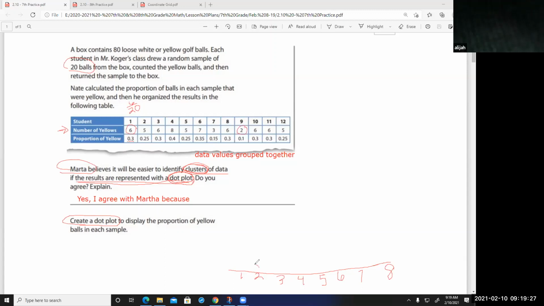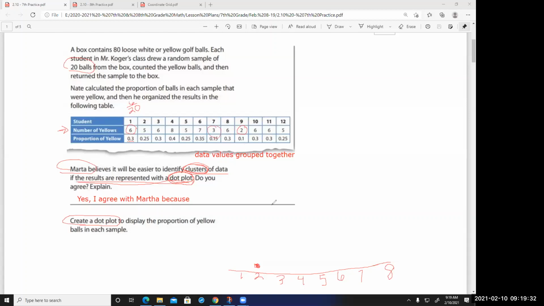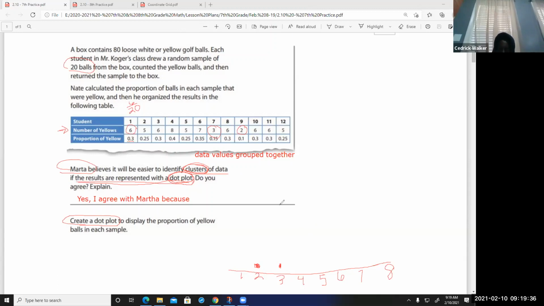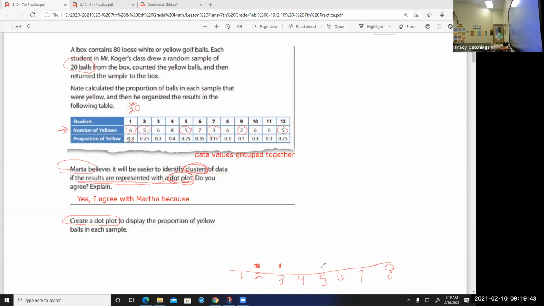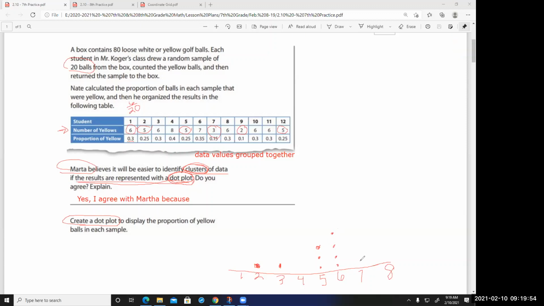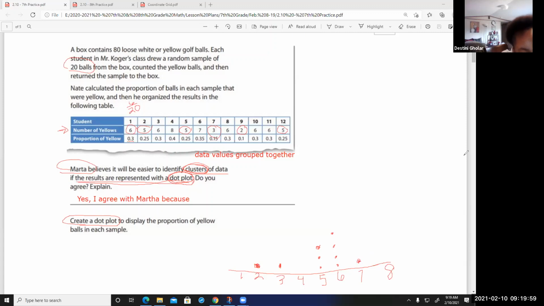Great job. 3. One. 4. None. 5. 3. All right. 6. 3. 4. 4. 7. 1. 1. And 8. 1. 1.